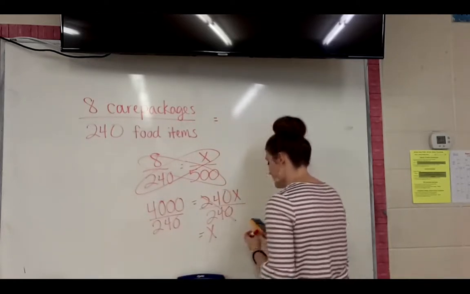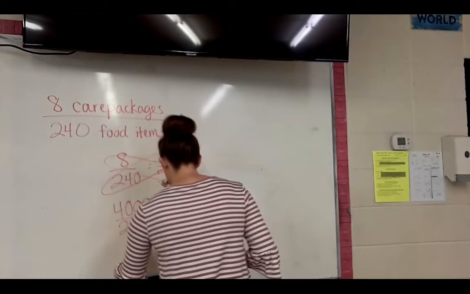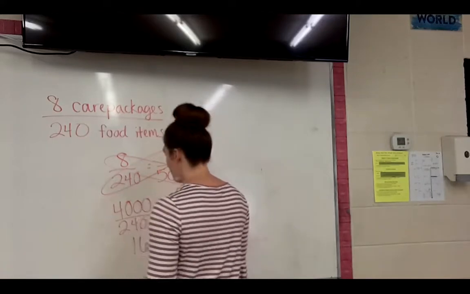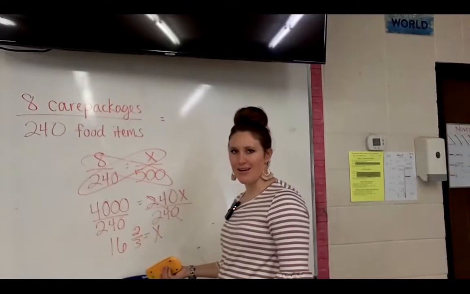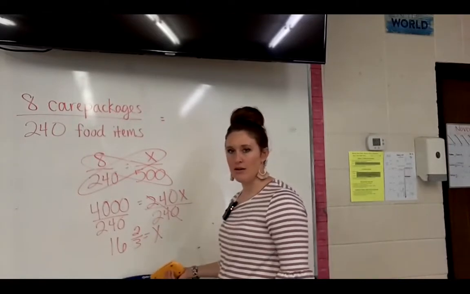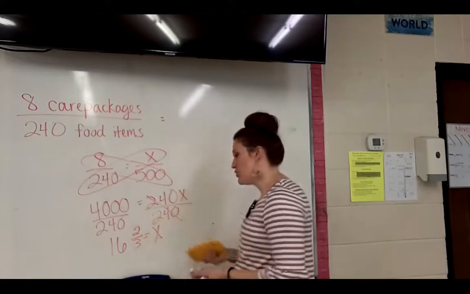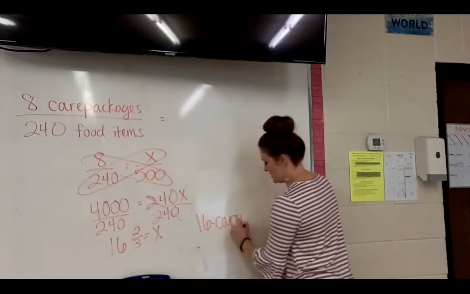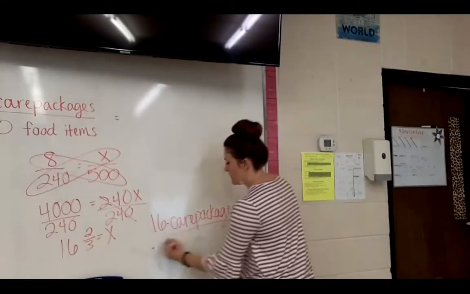And I get a repeating decimal, which is 16 2/3, but it said how many care packages can they make? Can they make 2/3 of a care package? No. That would be like just making half of a box. That doesn't make sense. So you can only make 16 care packages on this one. That would be your answer.